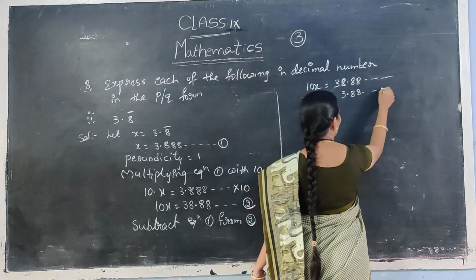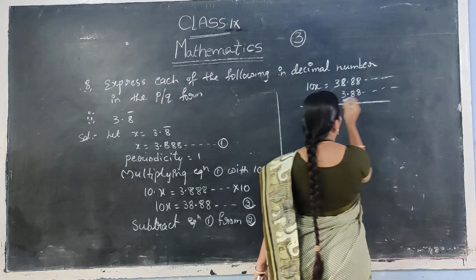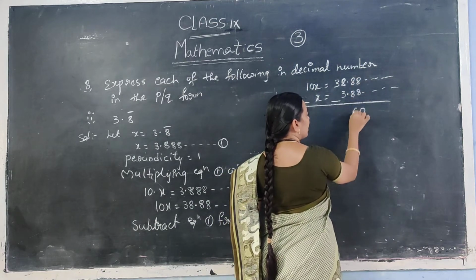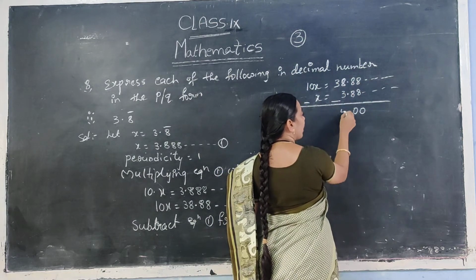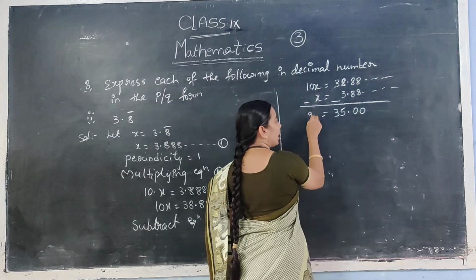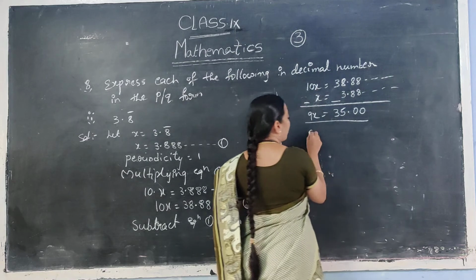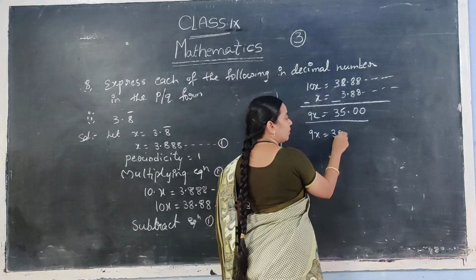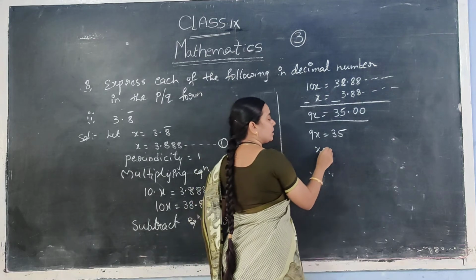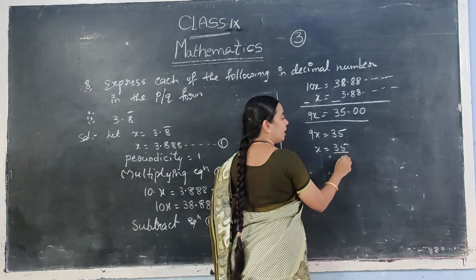One more 8, no need to write that. Now subtract. 8 minus 8 is 0, 8 minus 8 is 0, 8 minus 3 is 5, remaining is 3. Here 10 minus 1 is 9x. Now 9x is equal to 35. Okay, 35.00 means only 35. Now x is equal to 35 by 9.